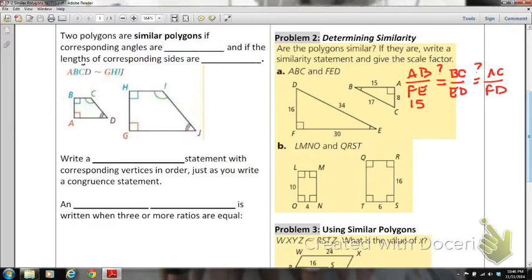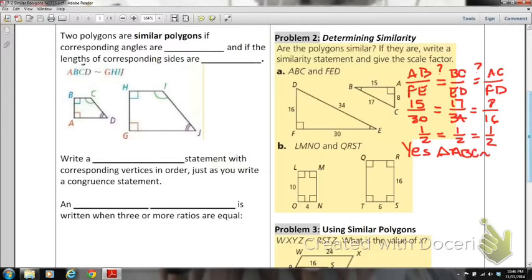AB is 15, FE is 30, and that is going to be equal to BC is 17, ED is 34, and AC is 8, and FD is 16. If you reduce that down, 1/2 is equal to 1/2 is equal to 1/2. So yes, we can write our similarity statement. Triangle ABC is similar to triangle FED.